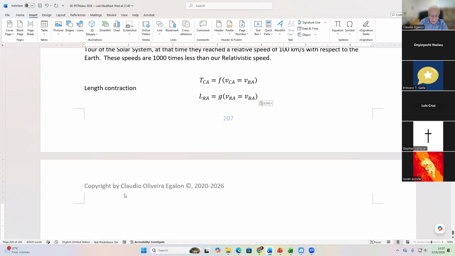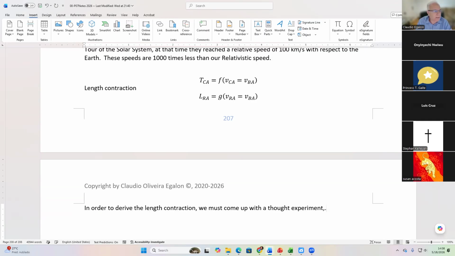Okay. In order to derive the length contraction, we must come up with a thought experiment.